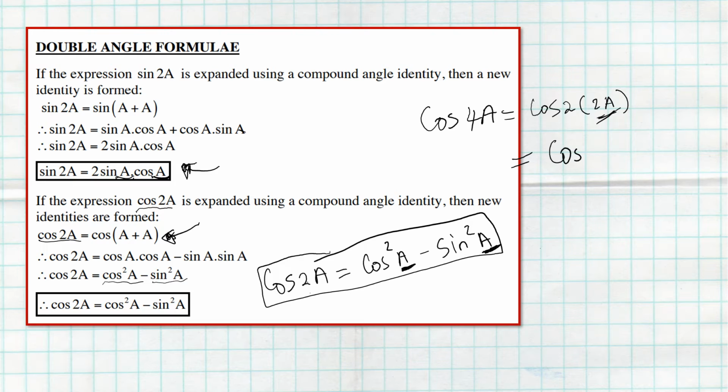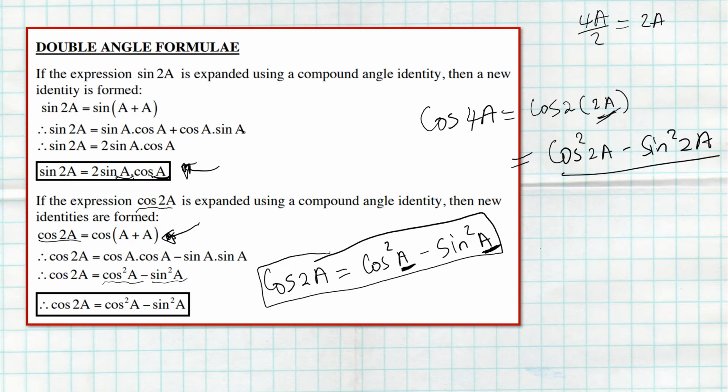Because we have 4a, we divide by 2, it will be 2a. So it will be cos squared 2a minus sine squared 2a. That will be the double angle of cos.